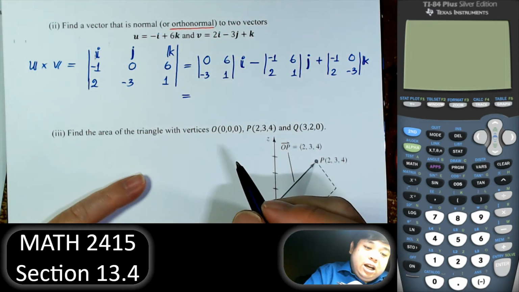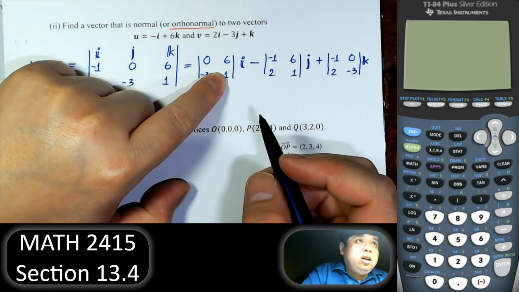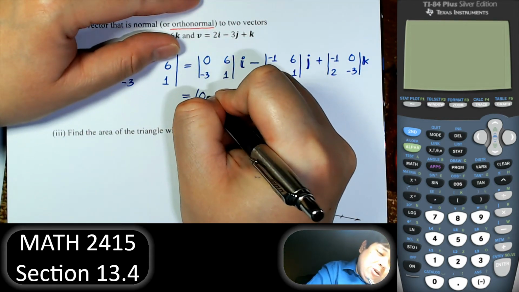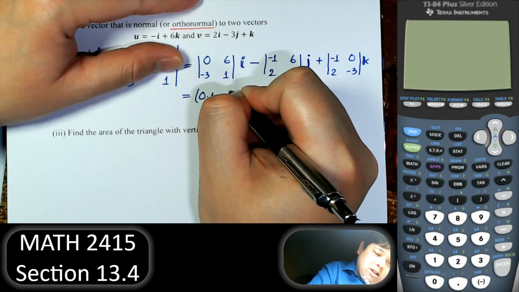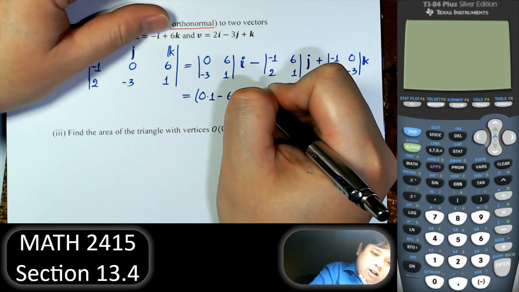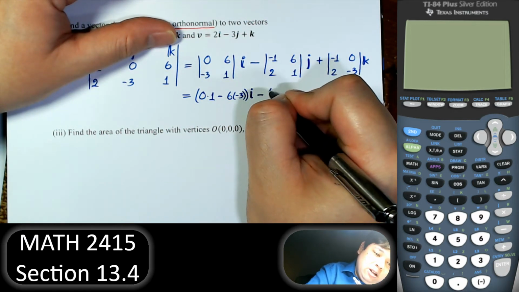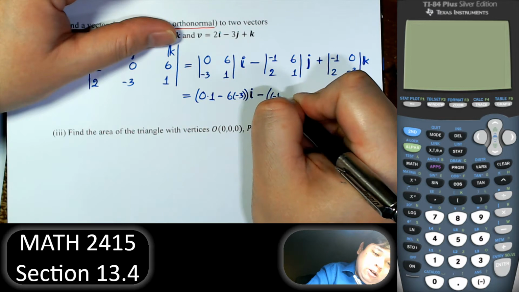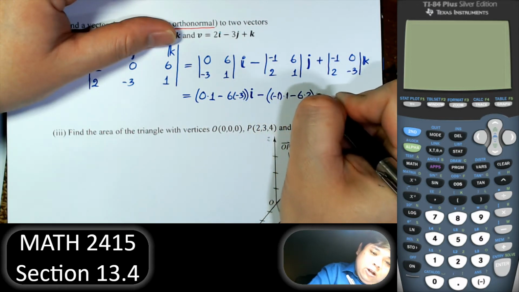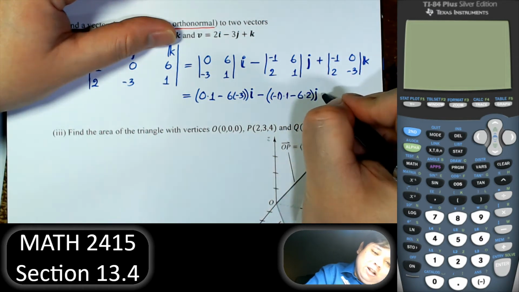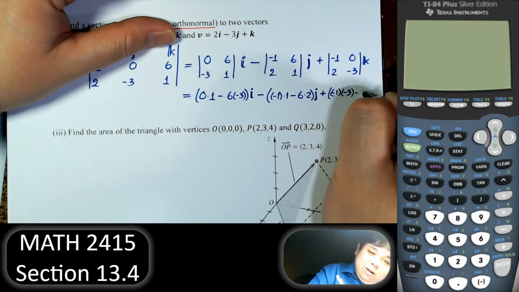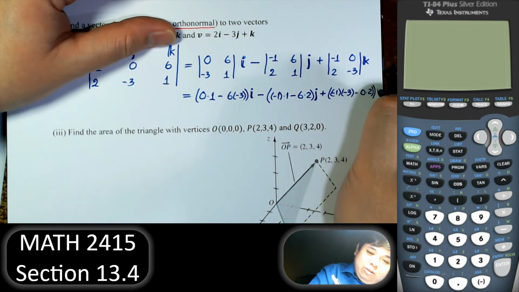So 0 times 1 minus 6 times -3 in the direction of i, minus 1 times 1 minus 6 times 2 in the direction of j, plus -1 times -3 minus 0 times 2 in the direction of k.